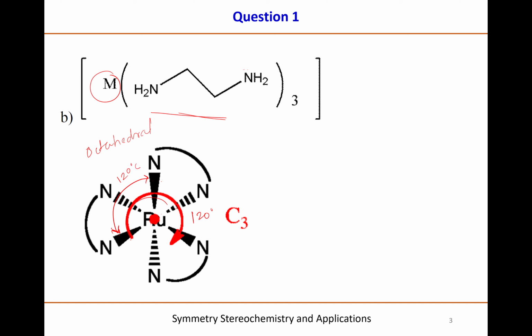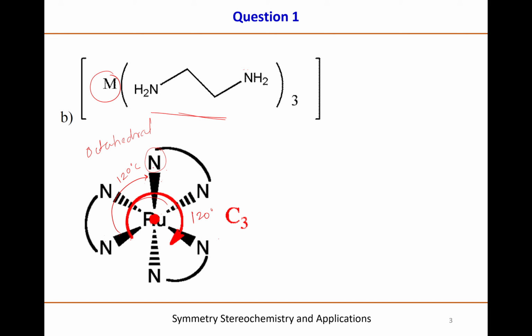If we rotate by 120, suppose we are moving clockwise this way, this nitrogen will take this position, and this nitrogen will come to this position, right? So a 120 rotation will make the molecule look indistinguishable from the original one, but not identical.